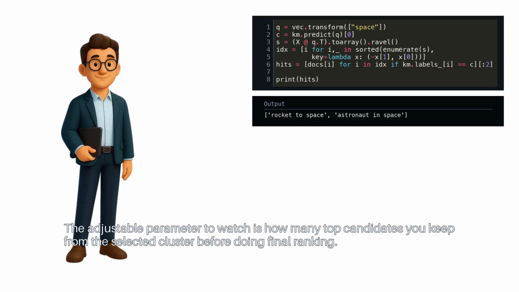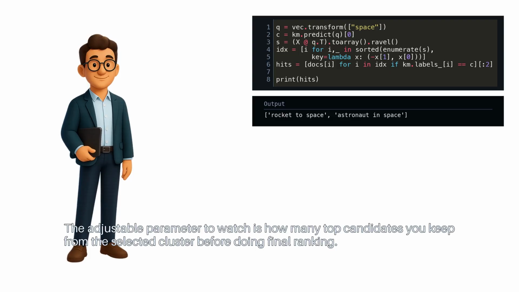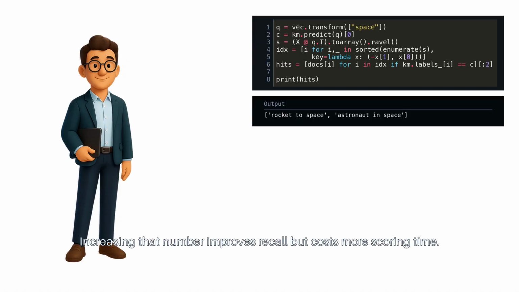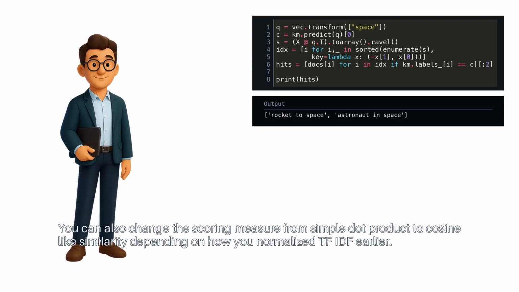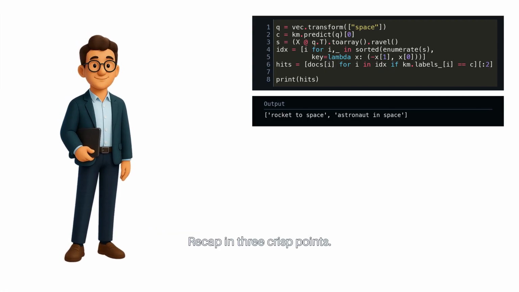The adjustable parameter to watch is how many top candidates you keep from the selected cluster before doing final ranking. Increasing that number improves recall but costs more scoring time. You can also change the scoring measure from simple dot product to cosine-like similarity, depending on how you normalized TF IDF earlier.